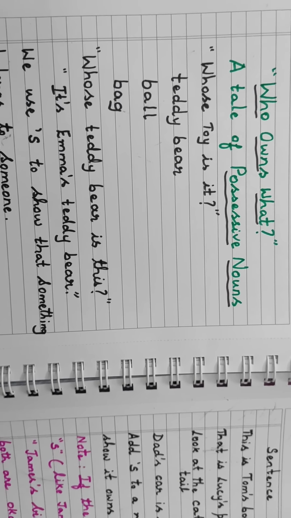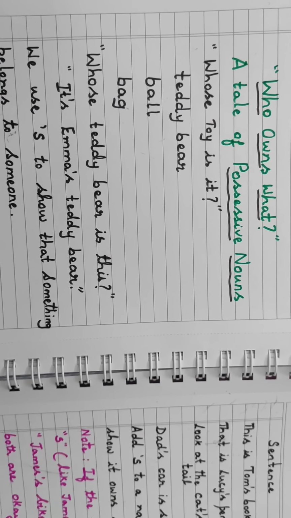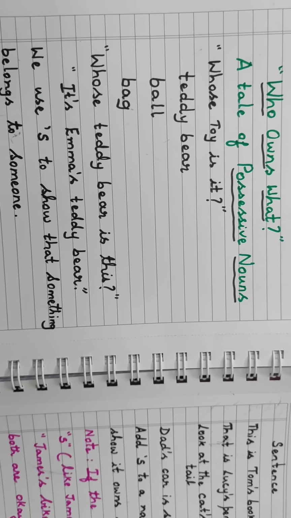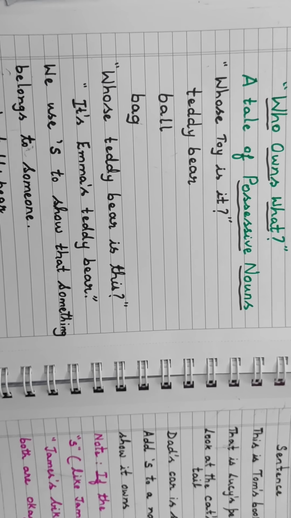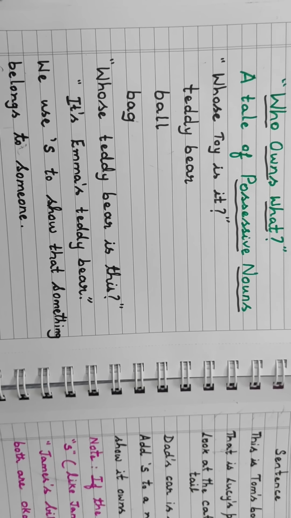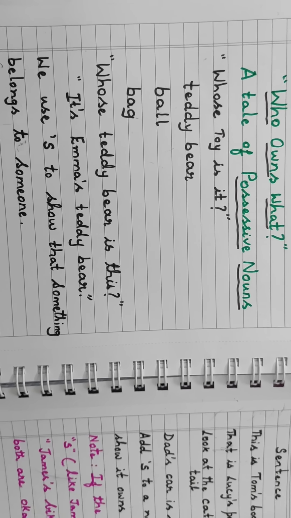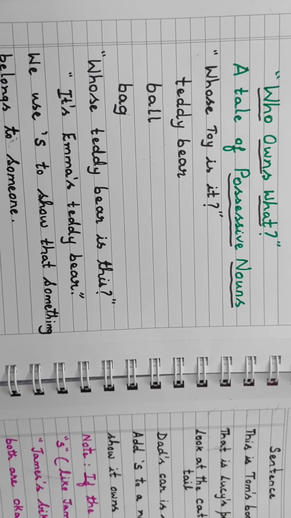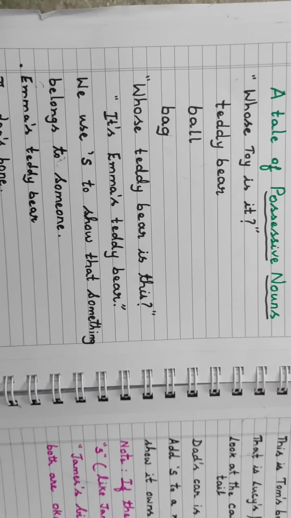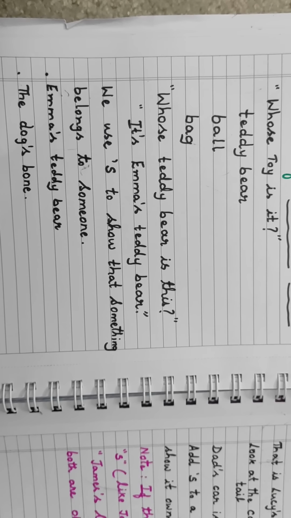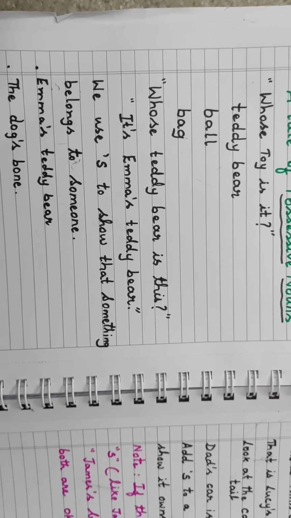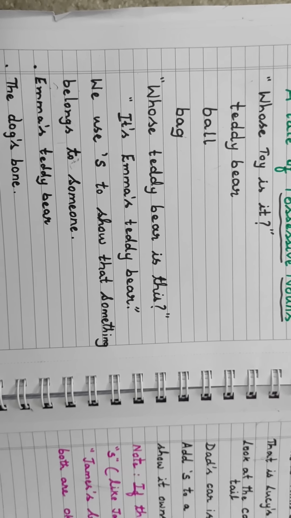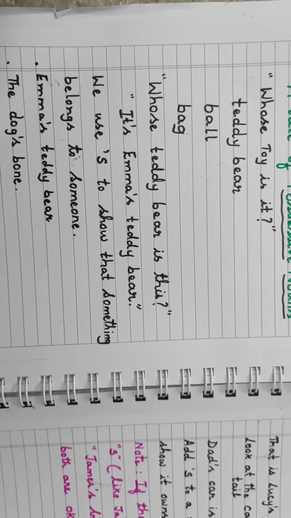It is Emma's teddy bear. We use apostrophe S to show that something belongs to someone. Usually when you write apostrophe S, you say it belongs to that person. Emma's teddy bear means it shows teddy bear belongs to Emma.